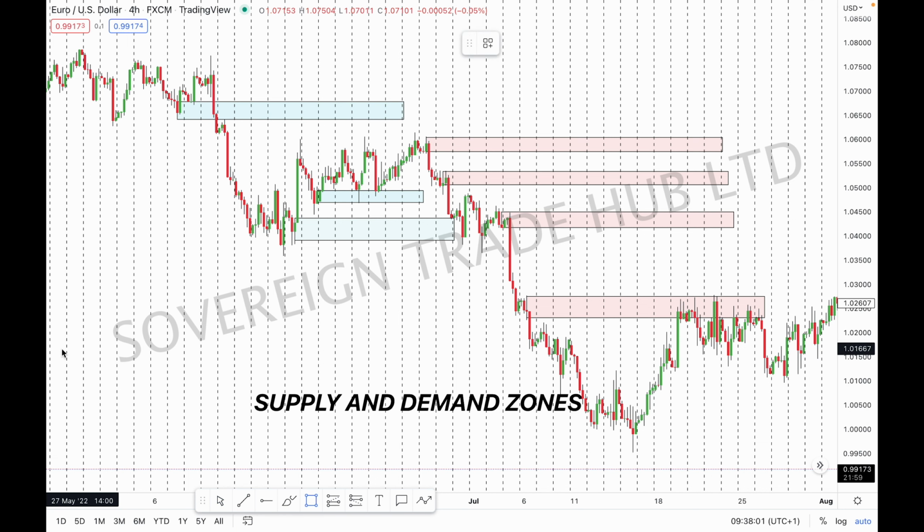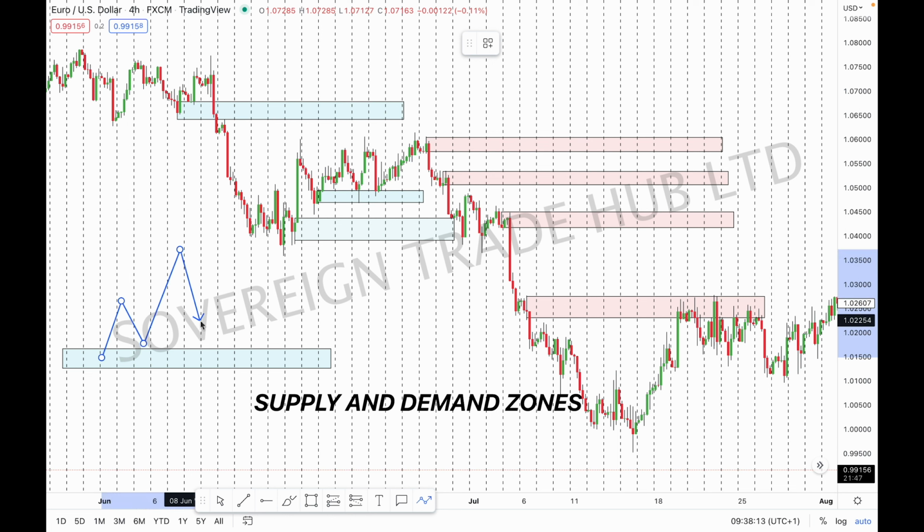Let me quickly draw something. If there's a level on your market, and you notice the market going up and coming down, going up and coming down, going up again, these levels are what I'm going to refer to as my demand zones.